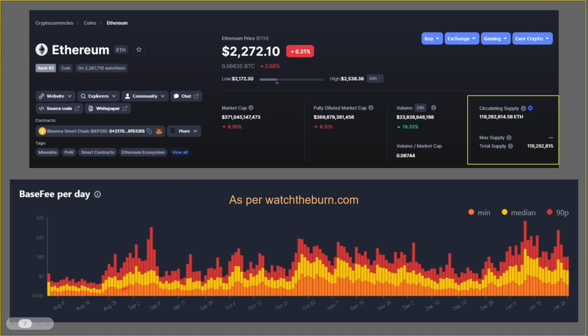Taking a look here, the darker orange at the bottom is the minimum gas fee, or the minimum price per transaction. The yellow is the median, or the average, and then finally the red is showing the highest, the more extreme gas prices. And we've seen over time this has continued to increase throughout Q3 and Q4 2021 into 2022.